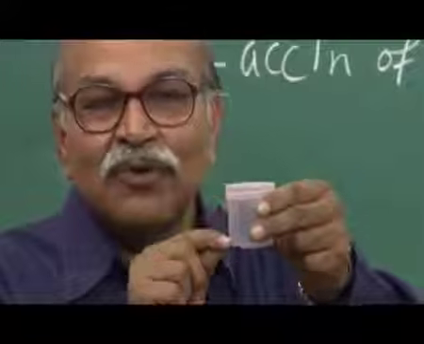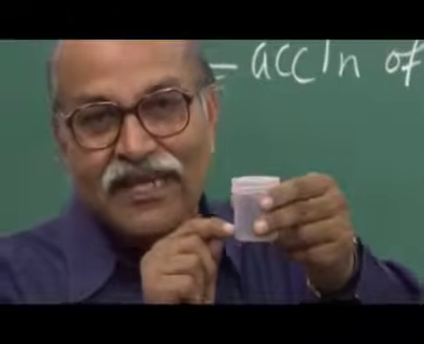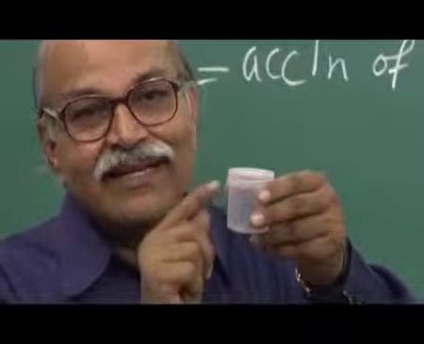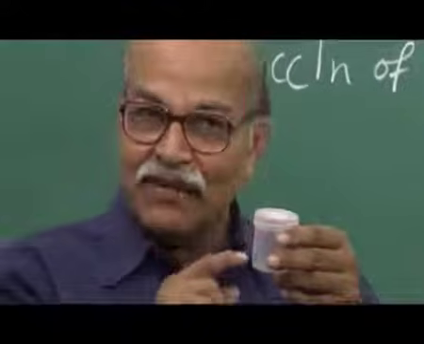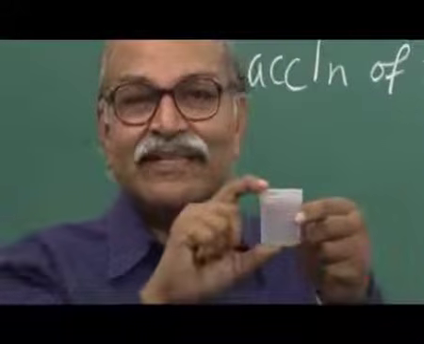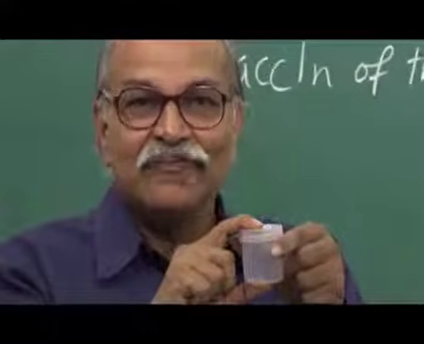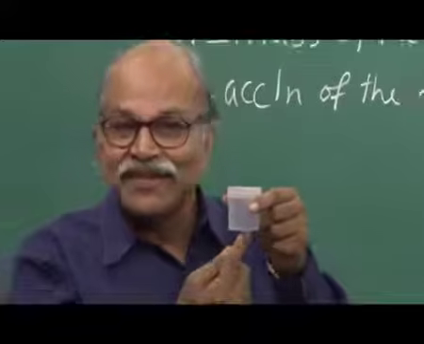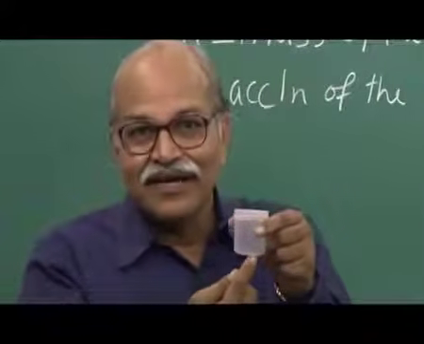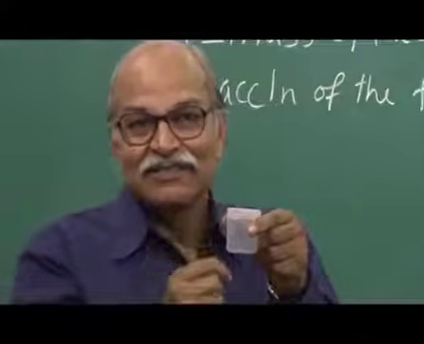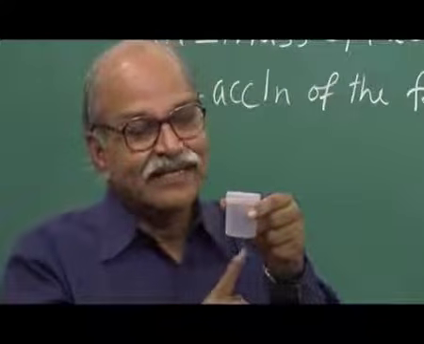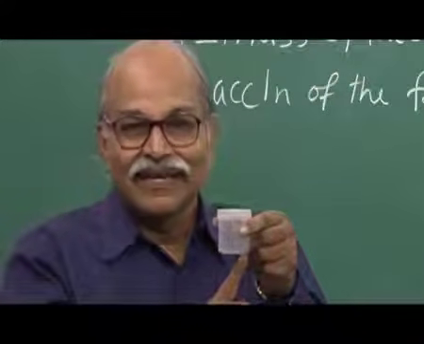The facing poles have different polarity, and therefore they are attracting each other. But these are weak magnets, and at this distance the force of attraction is very small, and therefore the weight of this ring is quite high as compared to that small force of attraction, and hence it is staying here.